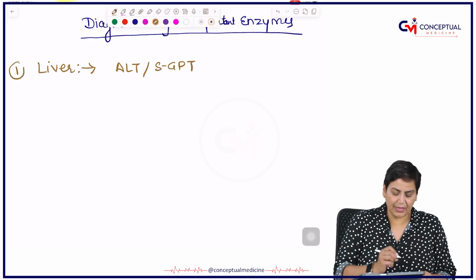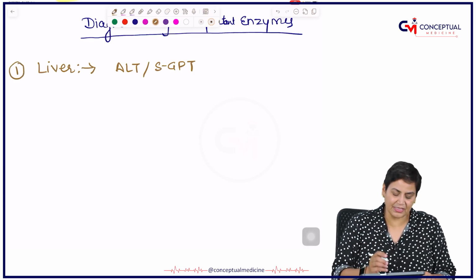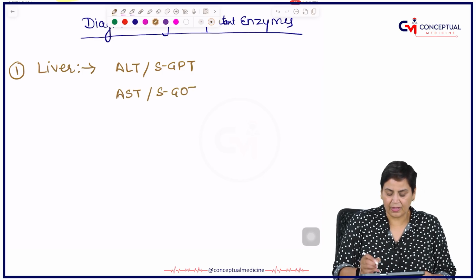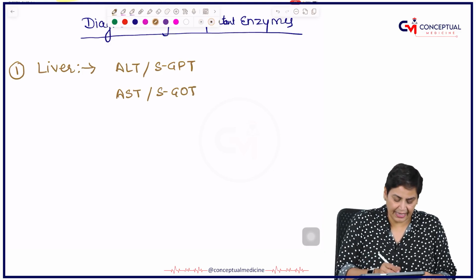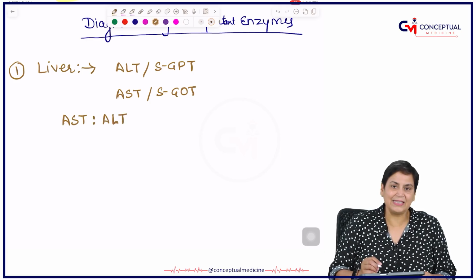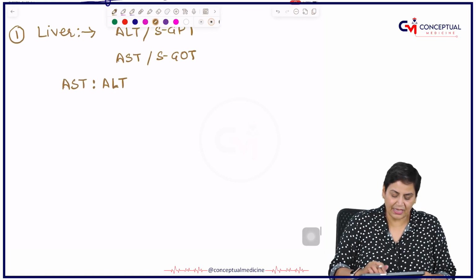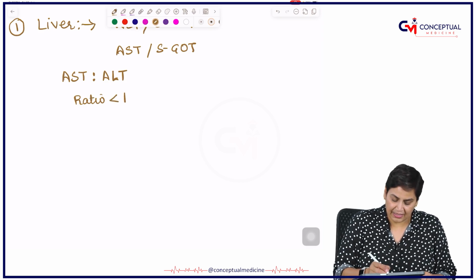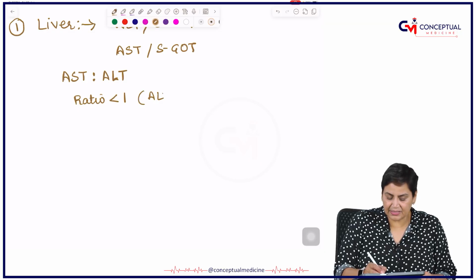Okay. So along with this, there are 2 enzymes. One is ALT, the other is AST, which is SGOT. So there is a ratio, the AST to ALT ratio, which is also known as AAR. So if this ratio is less than 1, that means ALT is more.